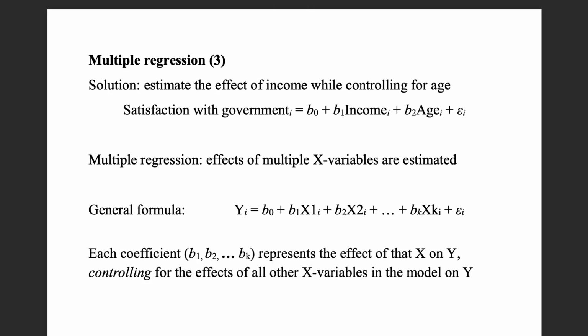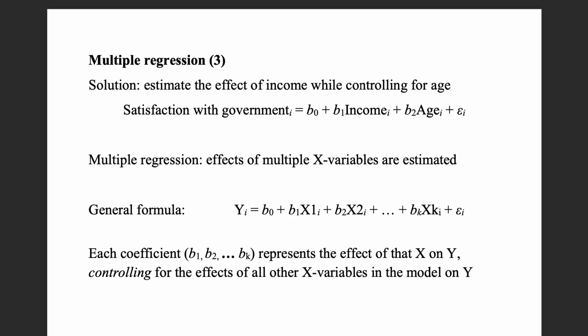So what do these coefficients now represent? They represent the effects of that specific x variable on our dependent variable, controlled or adjusted for the effects of all the other x variables that we have included in the model. So each one of these variables that we add in our model might have some effect on our dependent variable.